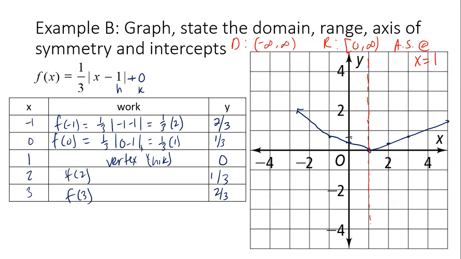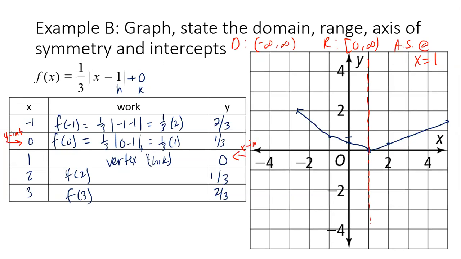And then my intercepts. My two intercepts are easy. They're conveniently on my graph. If I'm looking for my y-intercept, I'm looking for when x equals 0. If I'm looking for my x-intercept, I'm looking for when y equals 0.